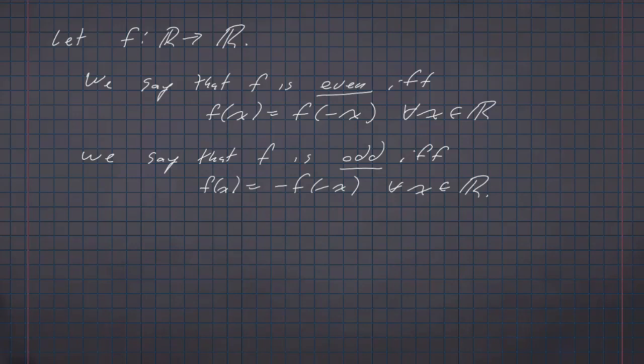A function is odd if the value of the function of x is the opposite of the value of the function at the opposite of x for every value of x. It should be noted, most functions are neither even nor odd, but if you can identify one of these properties, it can make working with that function a lot easier.